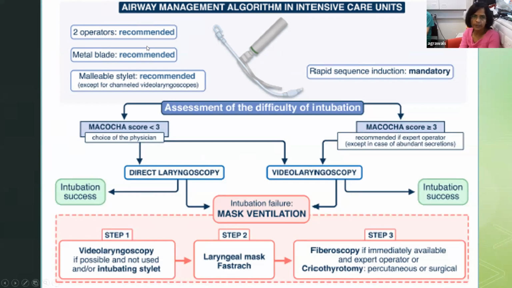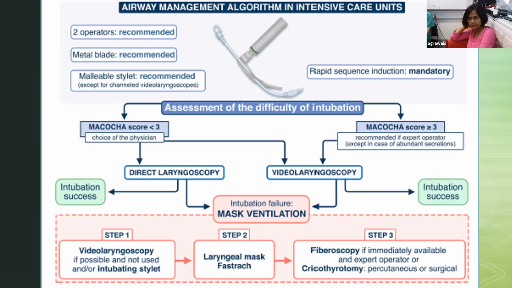If you look at it, two operators, metal blades, this is for adults, and rapid sequence is mandatory. We do think about difficulty of intubation and then prepare accordingly, whether I need more help. Now, this is a scoring method based upon the Mallampati score as well as the experience of the operator.